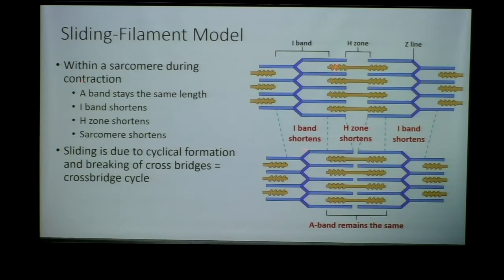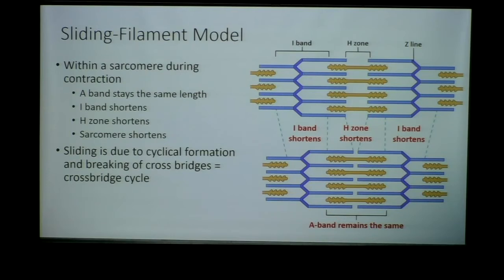The A band is this area of overlap where myosin is laying over actin, and that never changes, again, because actin and myosin never change their lengths. All they're doing is moving past each other. And so if one is moving in this direction and one is moving in that direction, that length change basically cancels out, okay? And so the A band always stays the same.